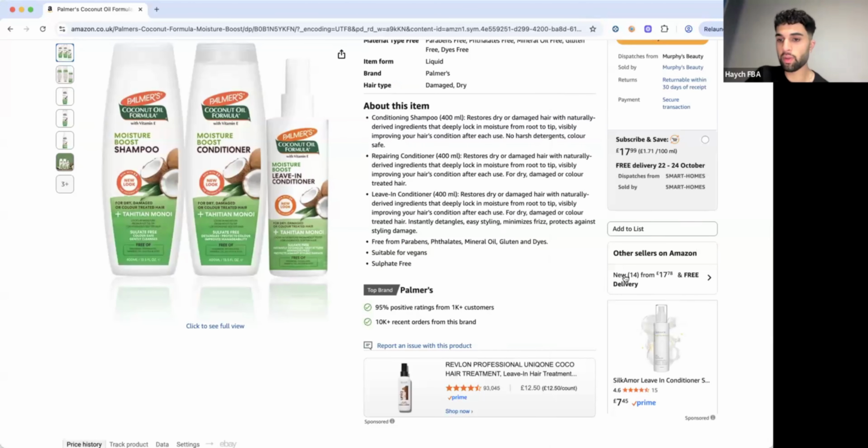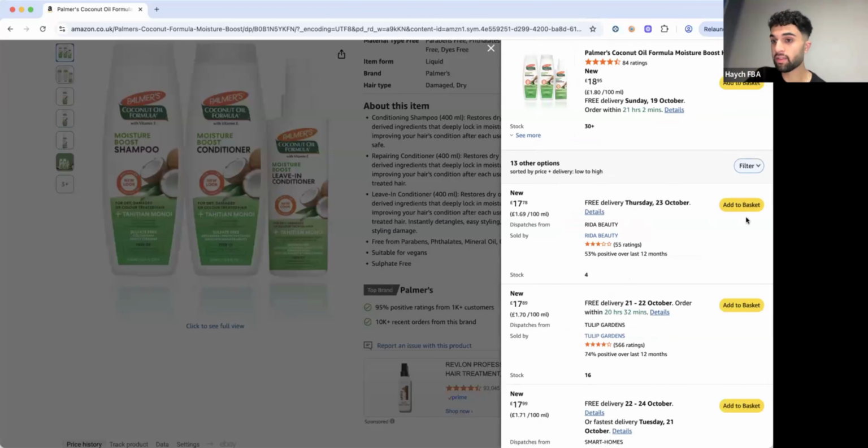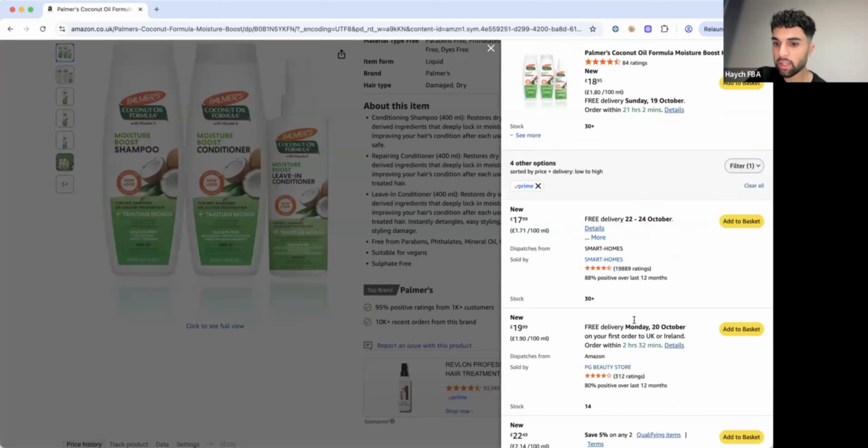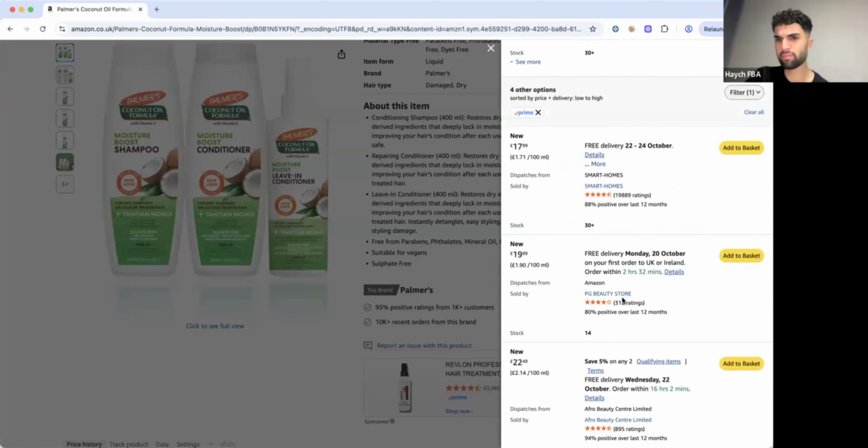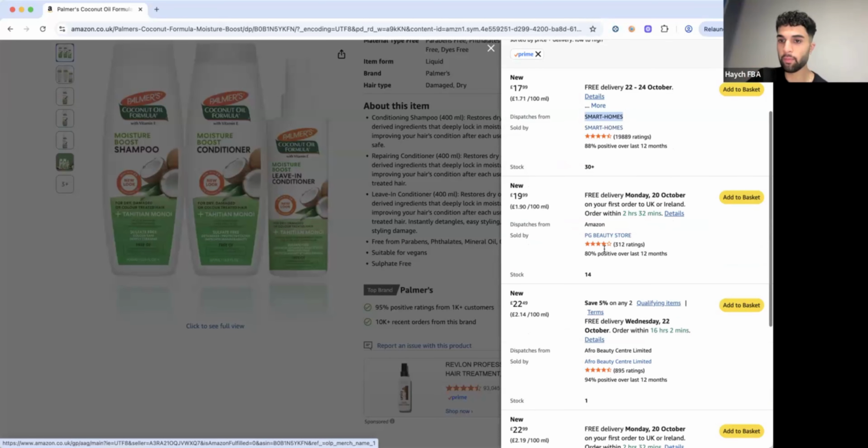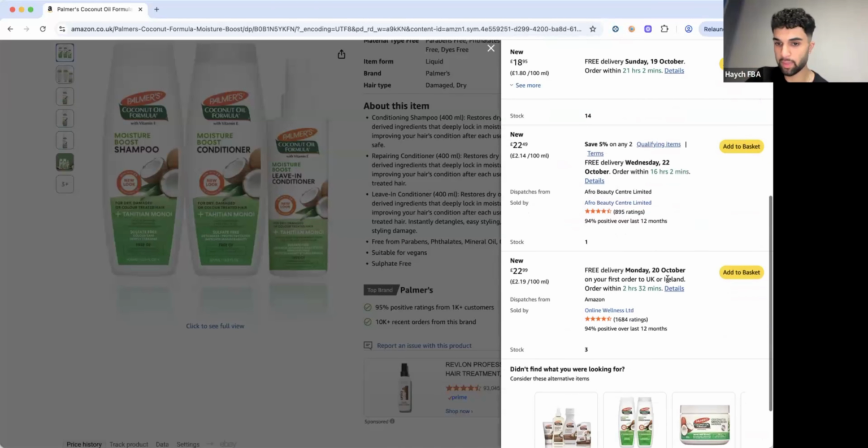Something else I would do is click into here, look at the other offers and tick Prime to see what they're selling at. Here we've got SFP, because it's dispatched by the seller themselves, seller fulfilled Prime. Here we have FBA, SFP, and FBA.